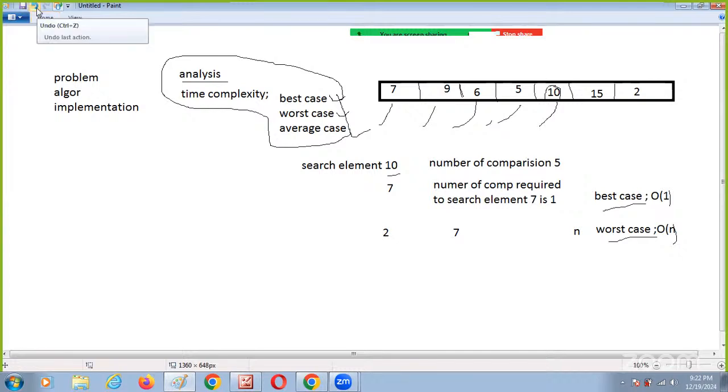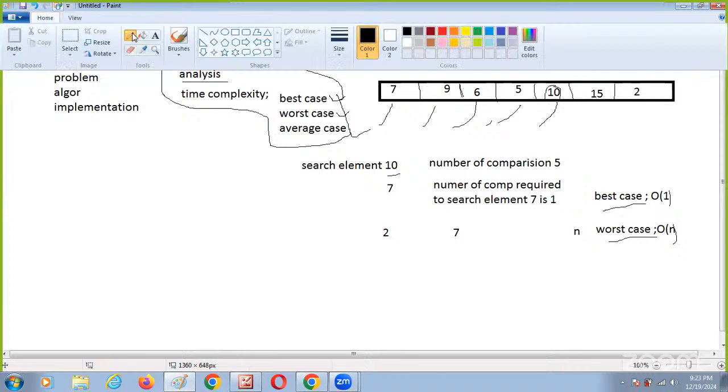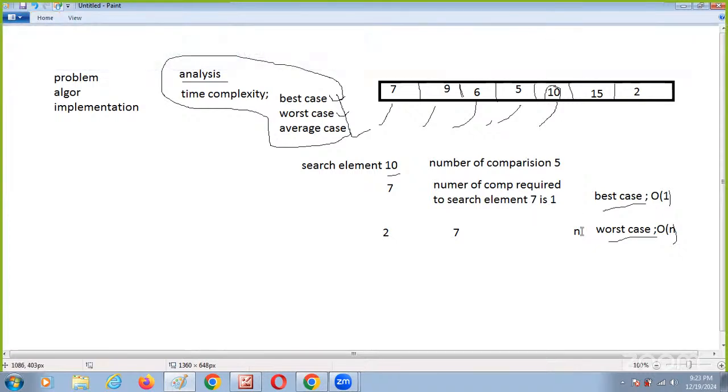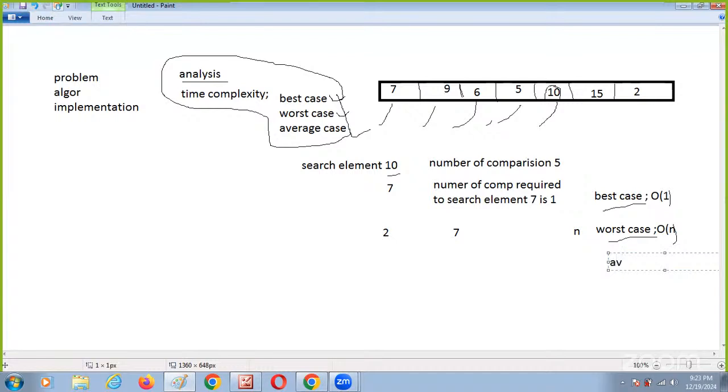The average case is some n by 2, like this. This is the average case and the best case. I hope you understand what the best case time complexity and the worst case time complexity are.